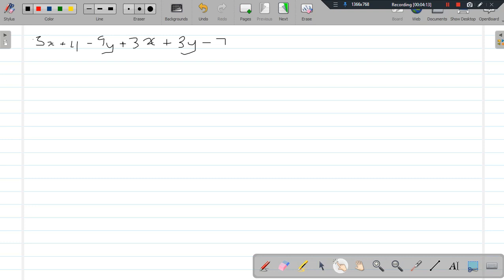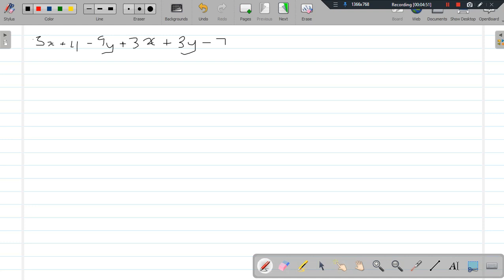I have negative 9y and positive 3y. Now our focus is not on the 9 and the 3, but on the y. So far as there is y here and y here with the same degree of power, they are like terms. Then I have positive 4 here and negative 7 here, which means this is a constant and this is also a constant. So in short, these are the like terms identified in this particular question.